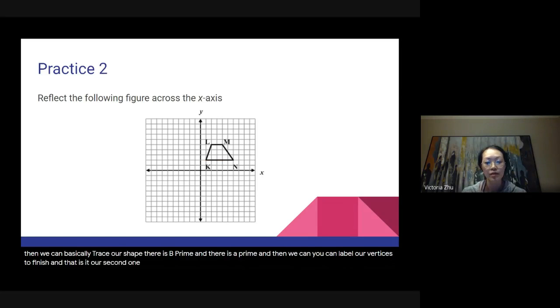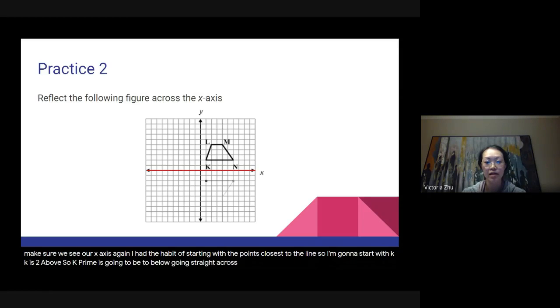Our second one, we're going to reflect across the x-axis, and go ahead and try that one out. All right, so let's make sure we see our x-axis. Again, I have the habit of starting with the points closest to the line, so I'm going to start with K. K is 2 above, so K prime is going to be 2 below.